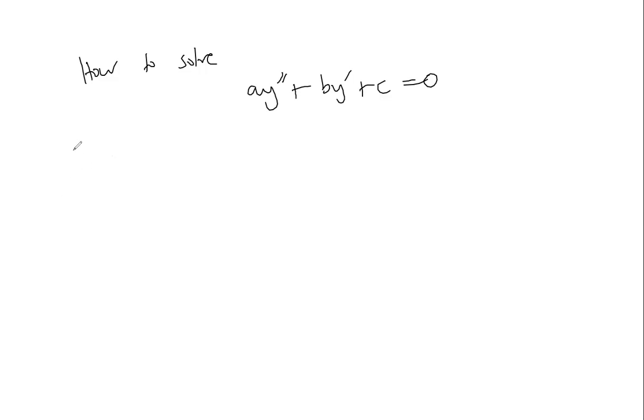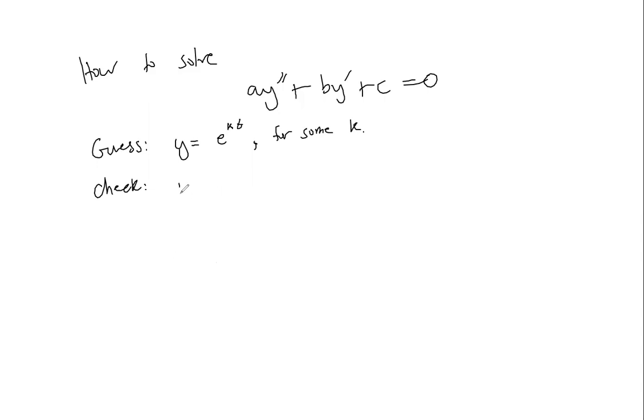Basically how you solve all differential equations is you guess a solution and then you check your solution and you figure out what it has to be. This is mostly how differential equations are solved, in my opinion. So a good guess that we're going to figure out is that y is some e to the kt for some k. And then you figure out what it has to be.